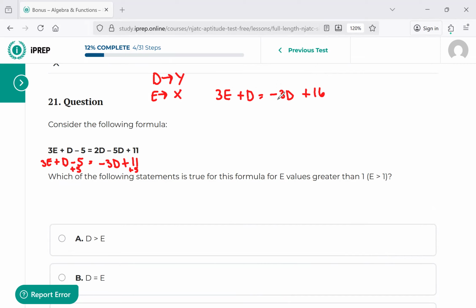Continuing to solve for d, I would add 3d to both sides. You get 3e plus 1d plus 3d is 4d, 16, and then solve for d. So I'm going to subtract 3e.